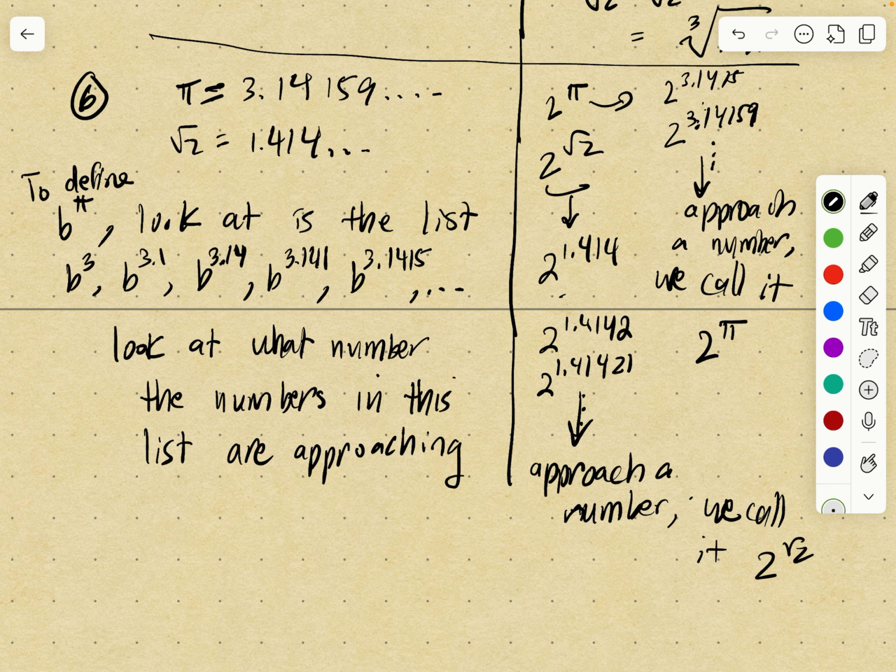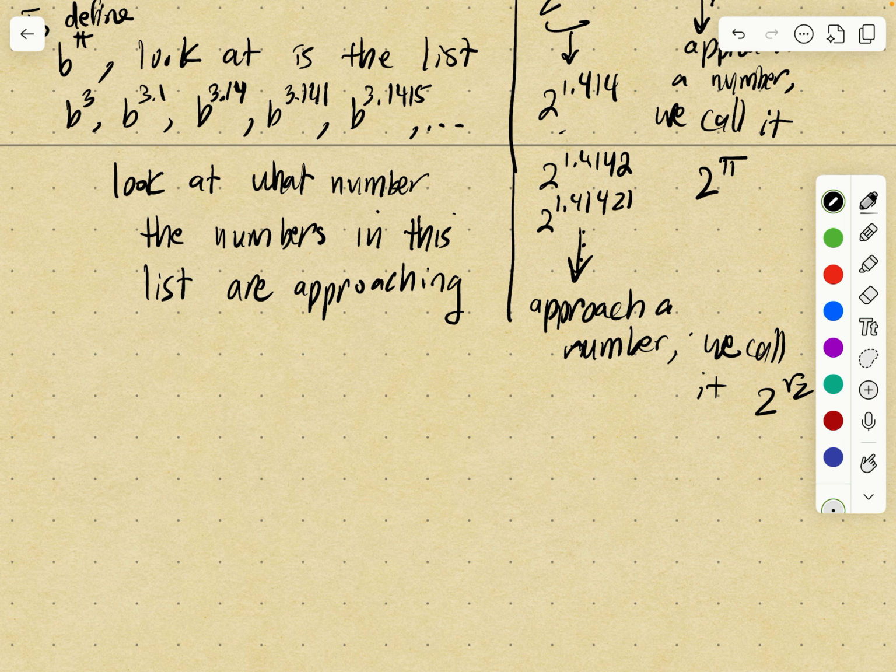And in general, you can do that for any irrational number at any base. And so that defines b to the x for any real number x. So that is the exponential function f of x equals b to the x. This is how we define the function f of x equals b to the x.